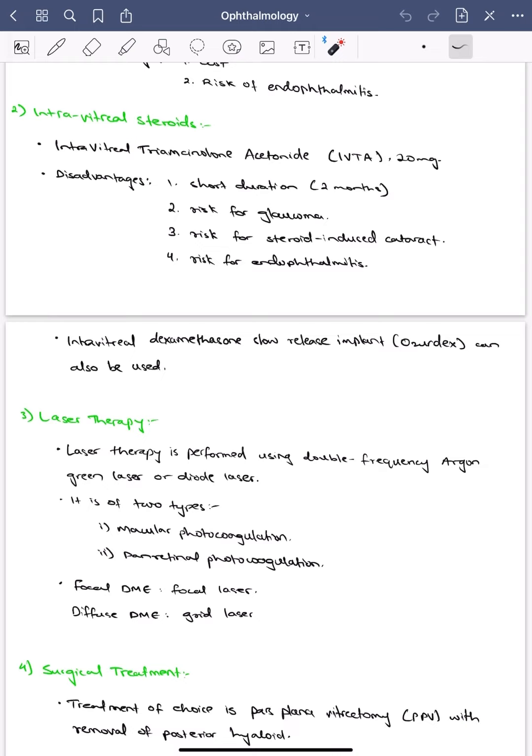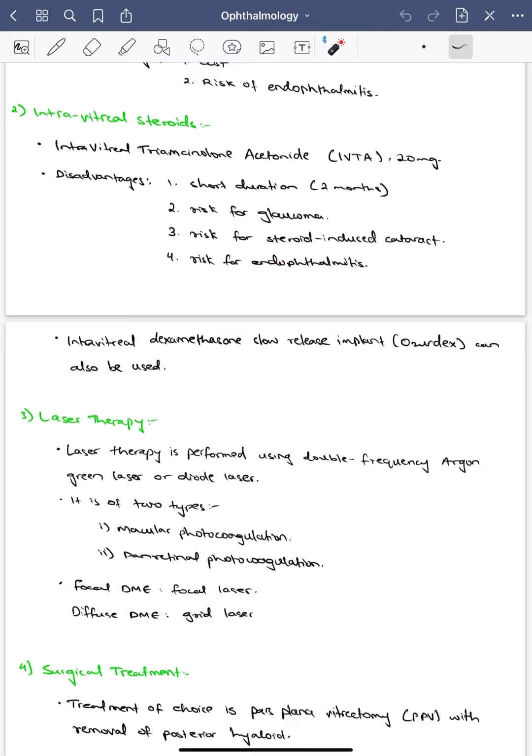The second is intravitreal steroids. Now the usually given drug is intravitreal triamcinolone acetonide, or IVTA in short. The disadvantages are the short duration, that is you have to give this medication every 2 months, and there is a risk for glaucoma, steroid-induced cataract, and endophthalmitis.